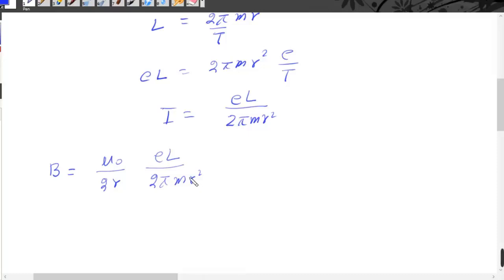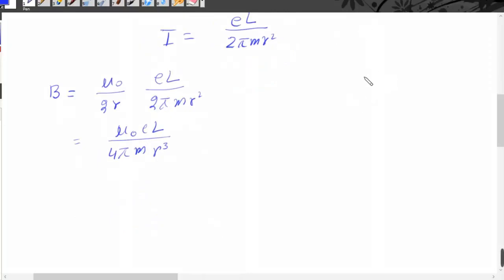Now we simplify this term, and this is equal to μ₀ e L / (4π m r³), where one r cancels with the other r.